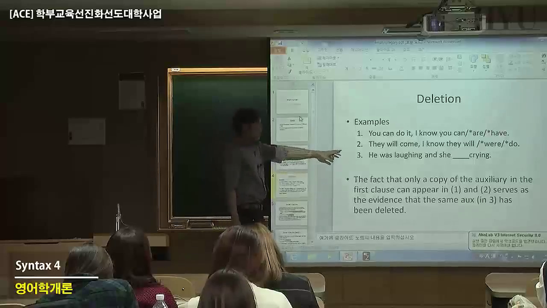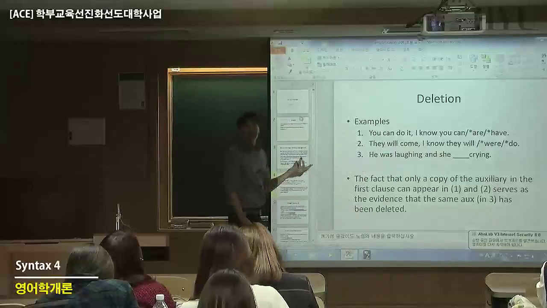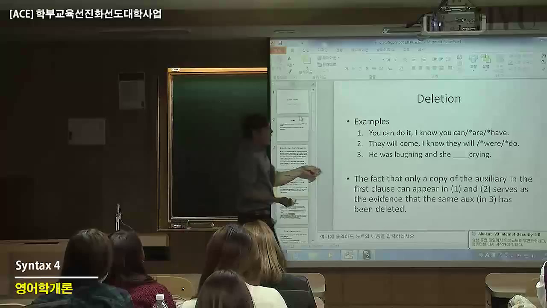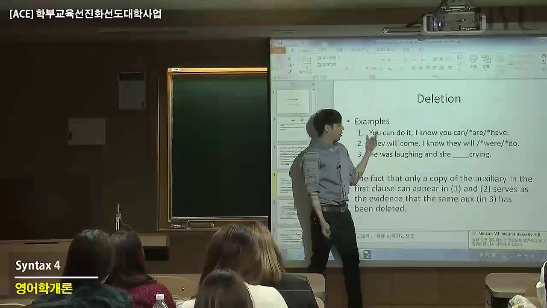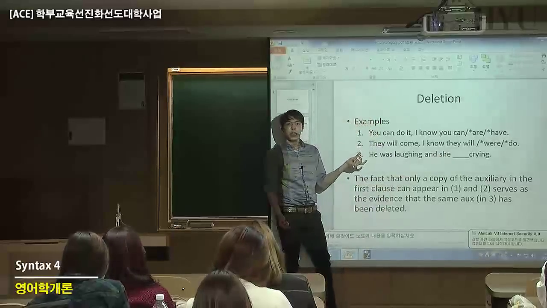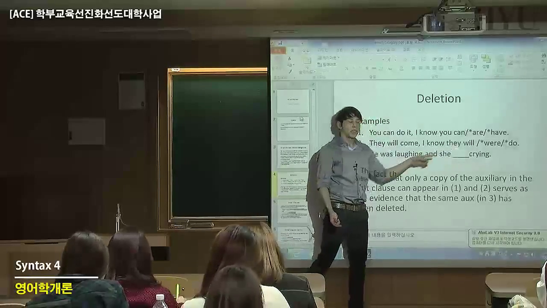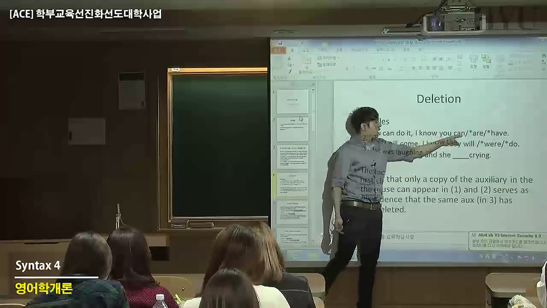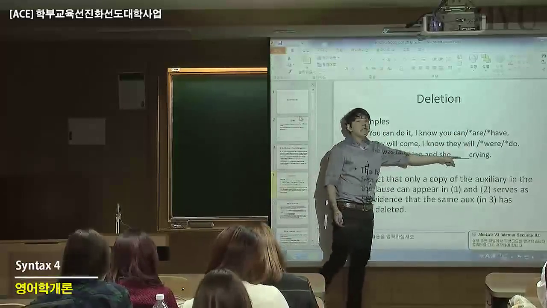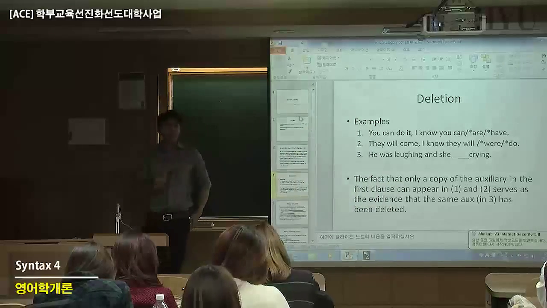And in the third one, he was laughing and she crying. We can say this, or we can write this down. He was laughing and she crying. Okay? Now, the idea is just like 1 and 2. You can have a copy of the aux here, which is she was crying, right? The idea is just like 1 and 2, where you can have only a copy of the same thing, right? But you don't see it because it's deleted, but it can be there. So that's the idea of emptiness, okay?